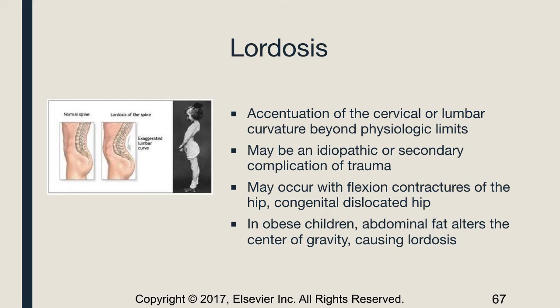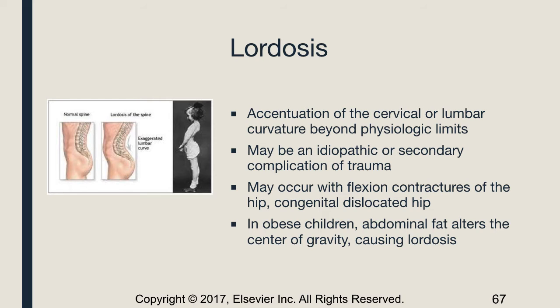Lordosis is accentuation of the cervical or lumbar curvature beyond physiologic limits. It may be idiopathic or a secondary complication of trauma. And it can occur with flexion contractures of the hip and congenital dislocated hip. So remember we talked about with the DDH that these kids, if they're not corrected or somebody misses it, we may see lordosis with them.